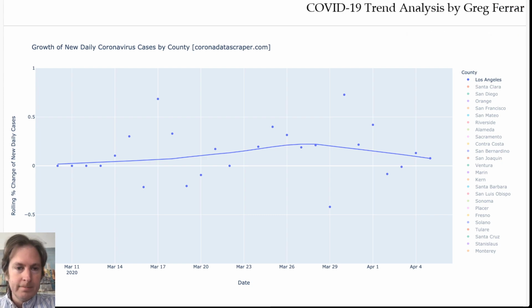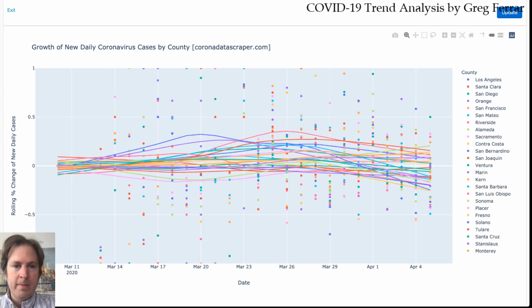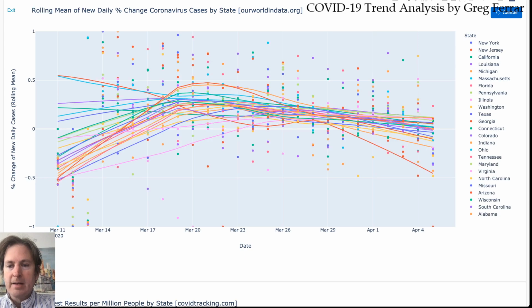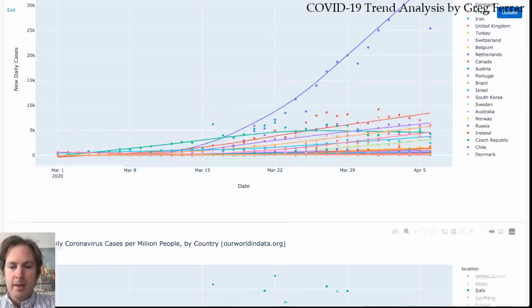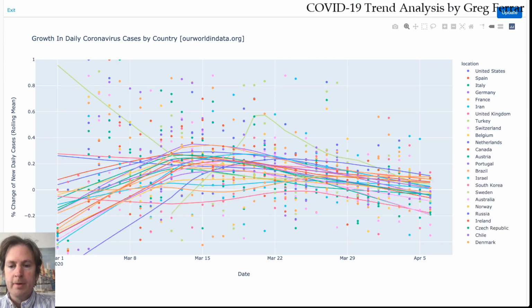But you can look at these: the counties are going down, the states are going down, and maybe above all, the countries are recovering. That's hopeful, and I don't see this graph other places. I'm glad to share it. It is real data. These are real trends. We really are coming out of this pandemic.